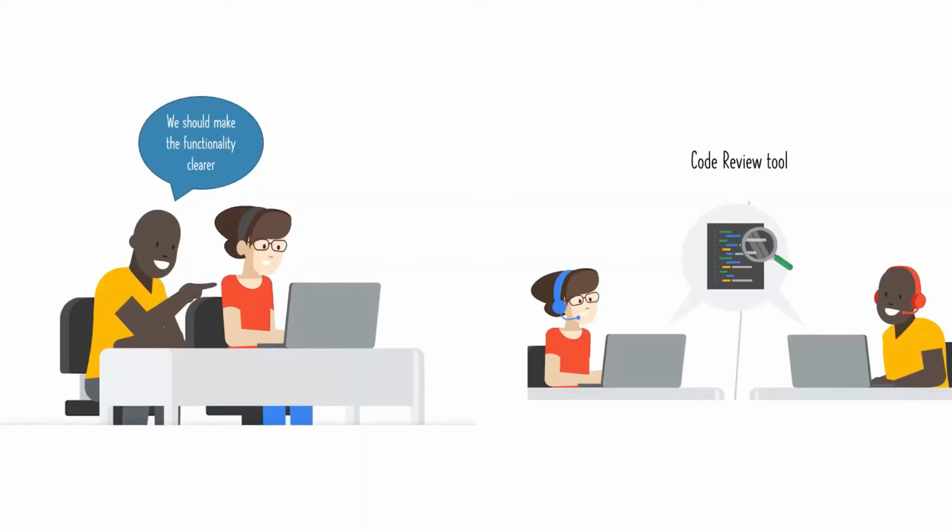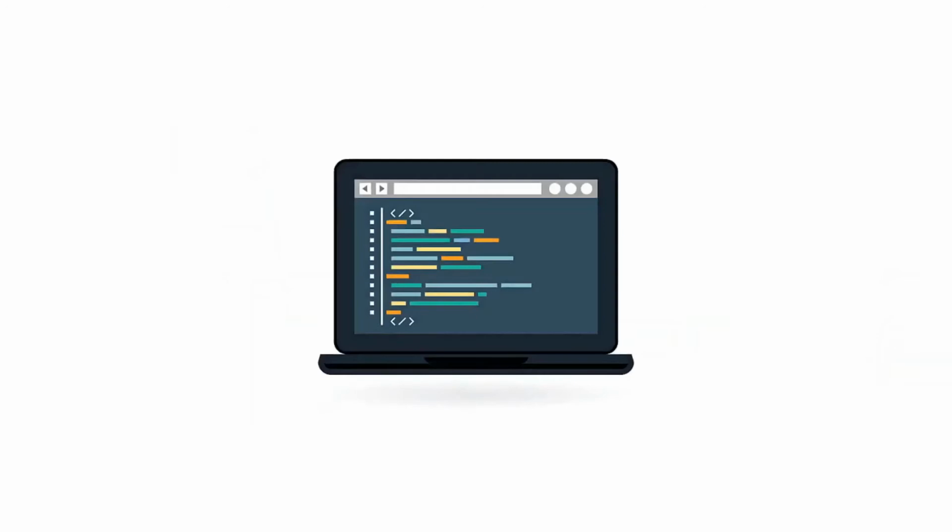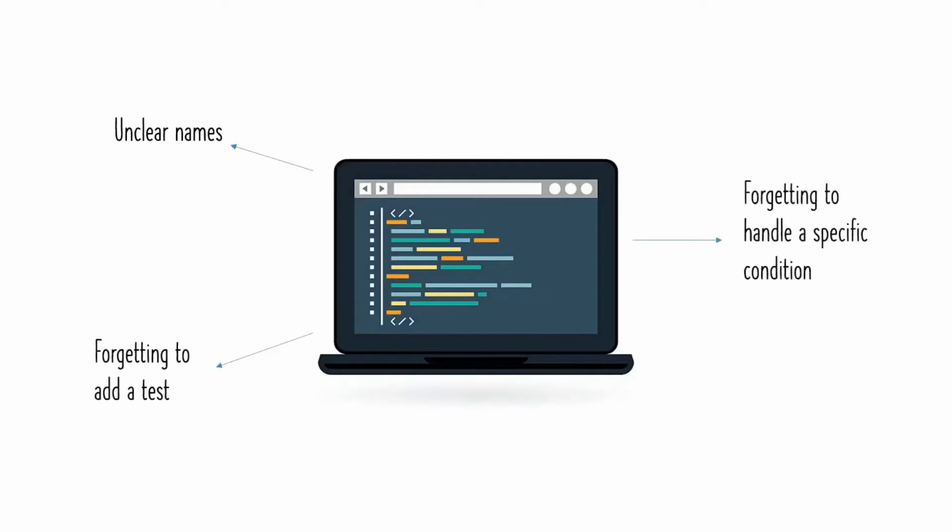These let us leave feedback on how they can make the code better. Some of the common code issues are unclear names that make the code hard to understand, forgetting to add a test, and forgetting to handle a specific condition. If we're writing documentation, a reviewer can help us catch typos and things that aren't totally clear.